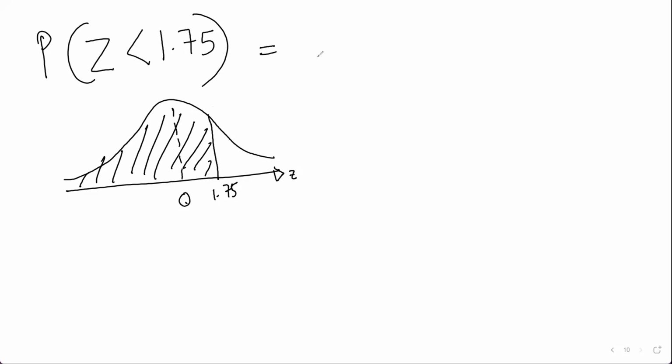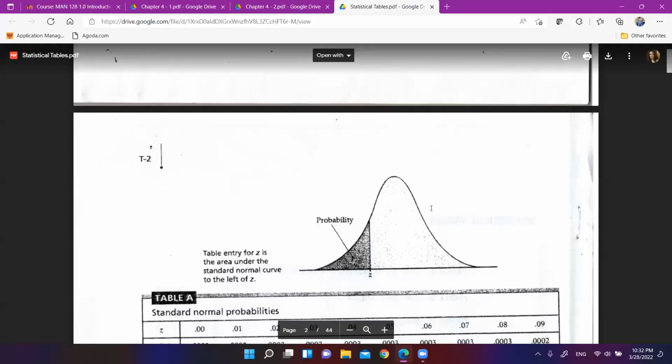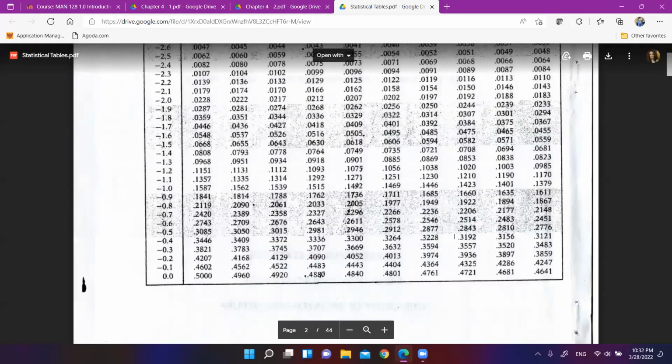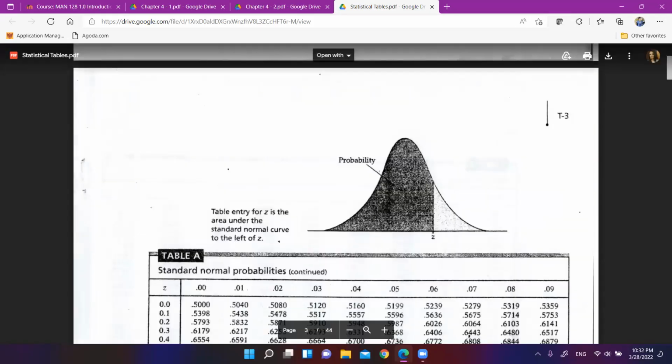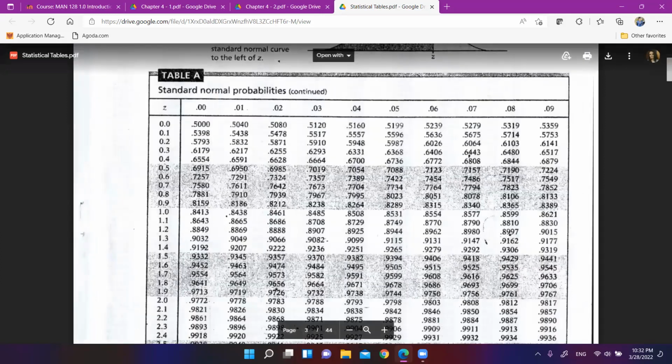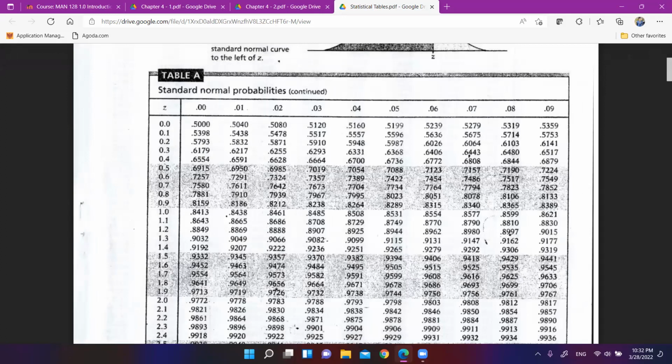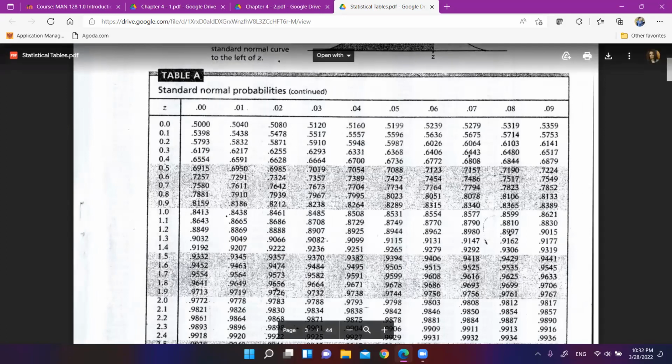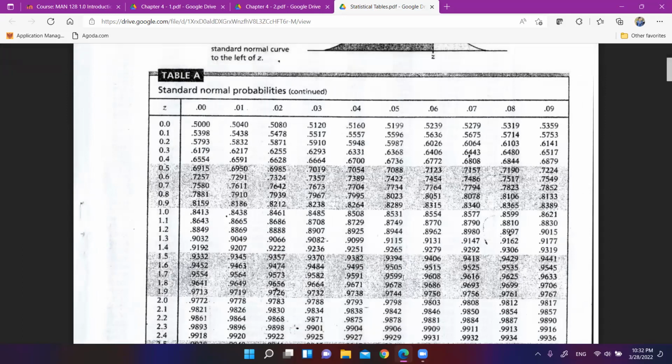Right? මේක දිහා බලපු ගමන් මම යන්න කැමති මෙන්න මේ table එකට. අපිට දැන් shade උනේ ඒ විදිහට නේ. Right? 1.75 කොහොමද, 1.7 කියන්නේ මේක. You have to go along this one and 5 from the top. 0.9599, this figure. 0.9599.